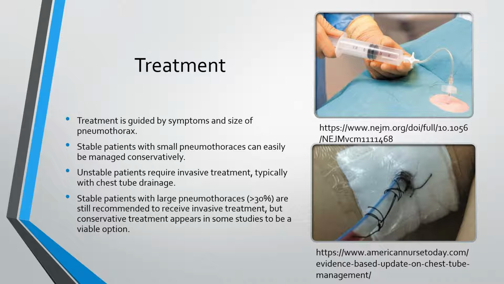Stable patients with large pneumothoraxes are still recommended to receive invasive treatment by both societies, but there was one study conducted in France at a single center that showed that a one-way Heimlich valve pigtail catheter can be used with outpatient treatment with good outcomes.